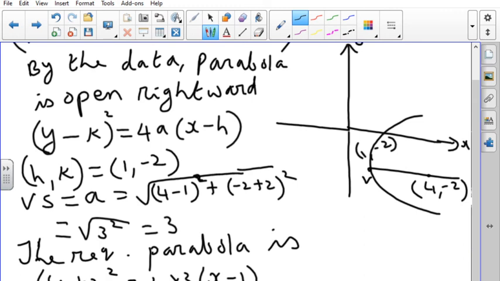That is, y plus 2 the whole square is equal to 12 into x minus 1, which is the required parabola.